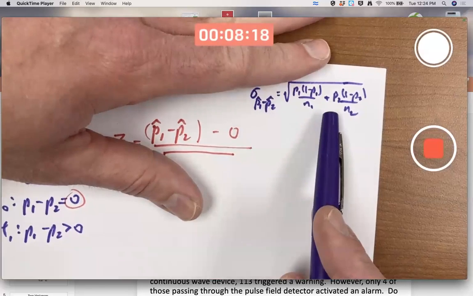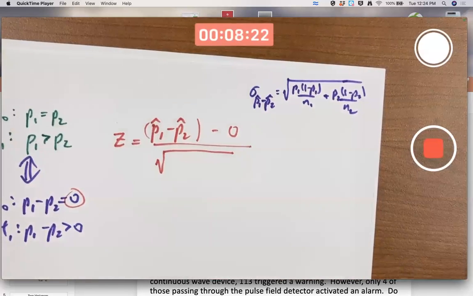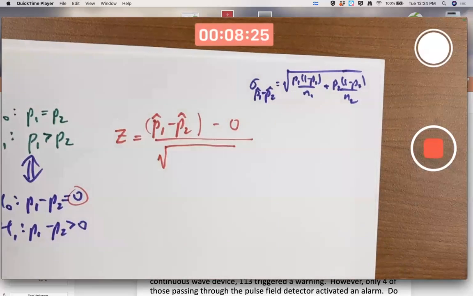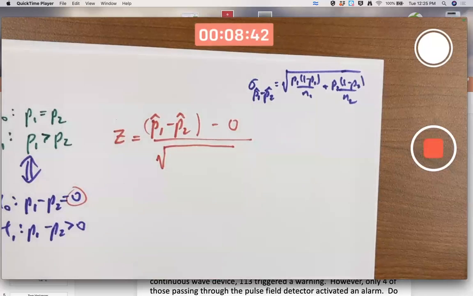Why do these get added? Because we're assuming, I haven't stated this today, that we're doing independent random sampling from two separate populations. Independence comes in again. I'm doing random sampling for both, and the random sampling for one population doesn't relate at all to the random sampling for the other.